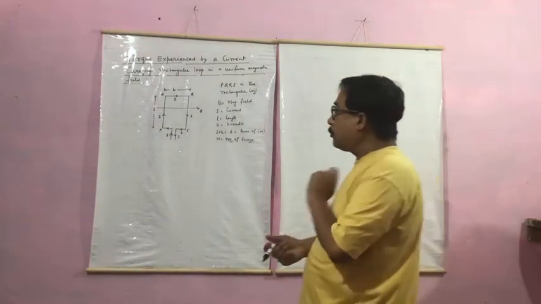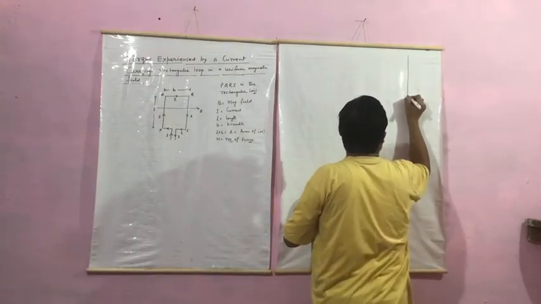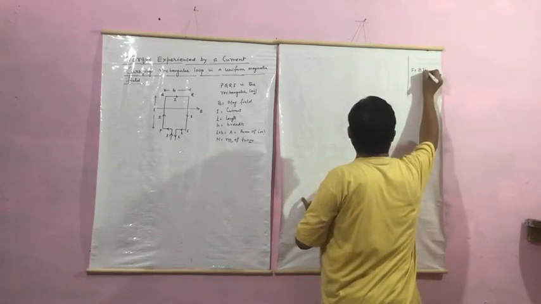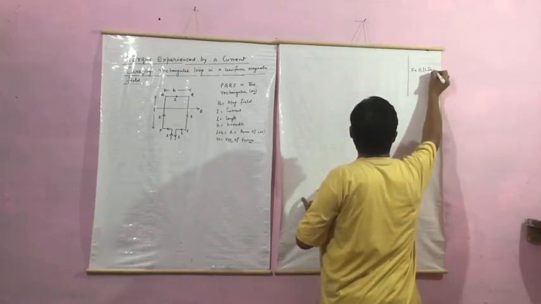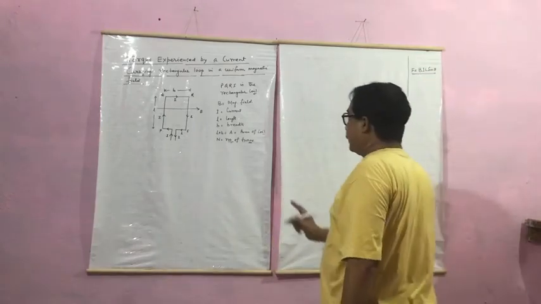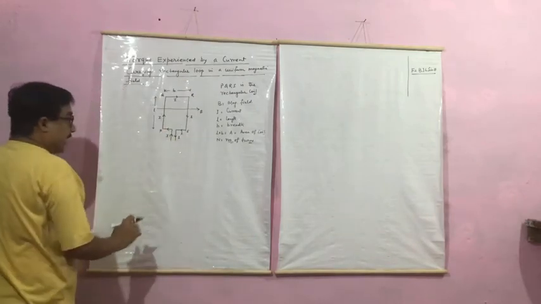So we all know the formula of current carrying conductor, that is F is equal to BIL sin theta. We have to use this expression here. So one by one we will write for all four sides.